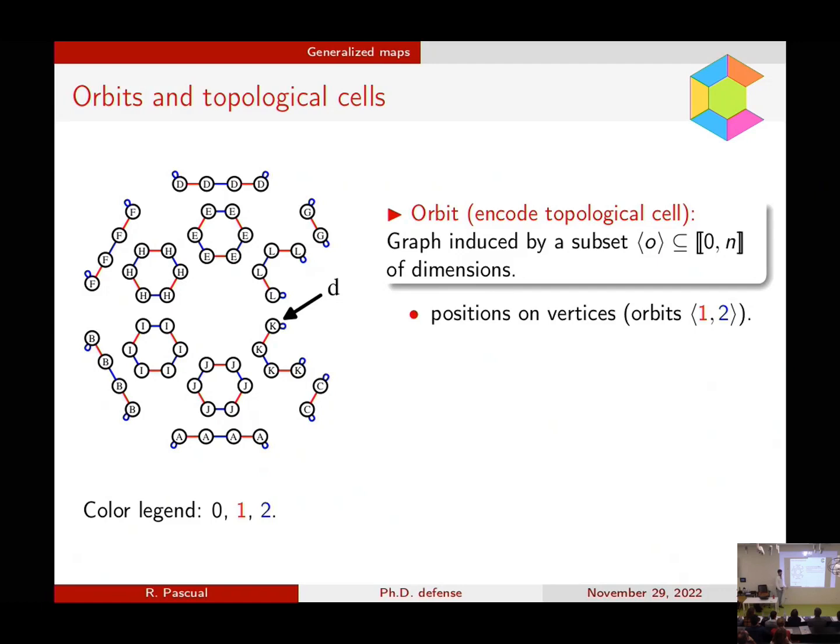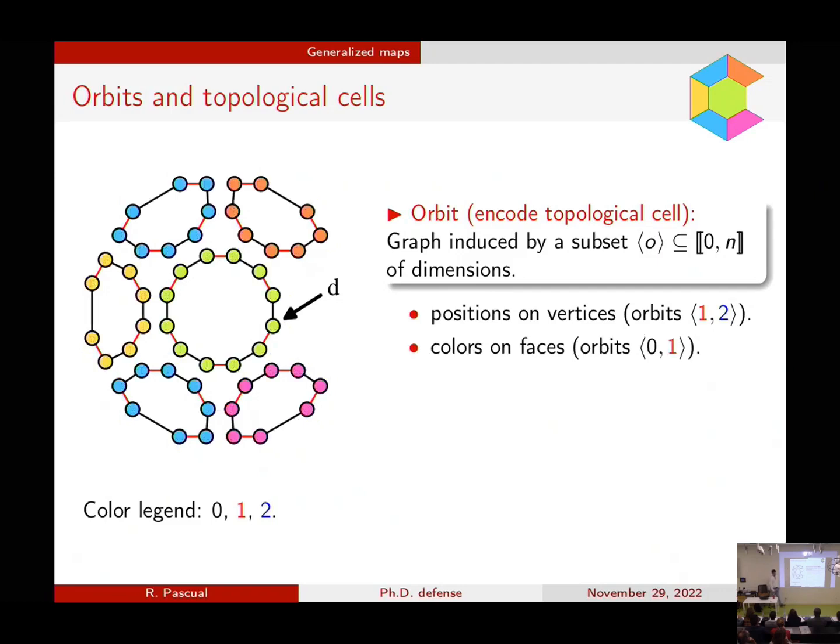So for a vertex, we use the dimensions 1 and 2, and then we can add a geometric value, so an embedding, a position, in this case, K for the vertex associated to the dart D. And similarly, we can add color. We will add colors to the faces. So we will retrieve a face with the orbit 0, 1, and then we can add a color. Now we have the complete description of the objects.